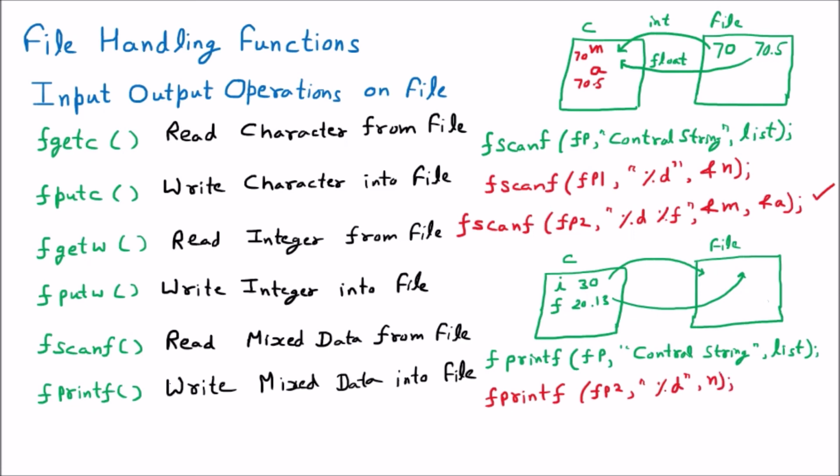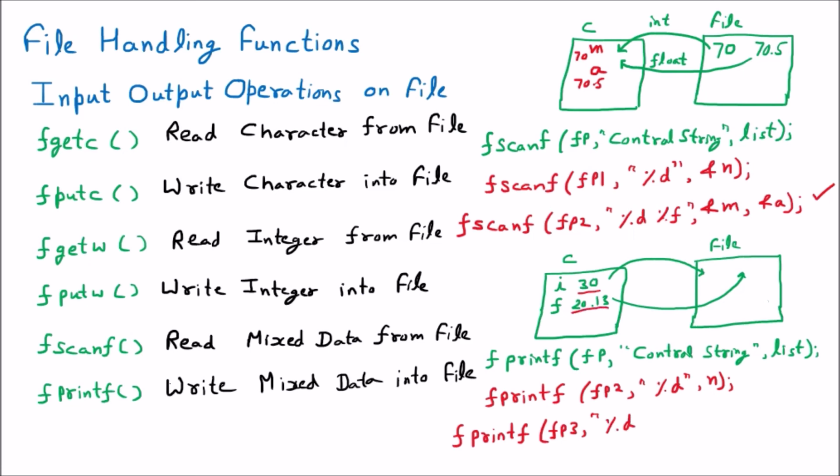But if I take the example which I opted above, where we have i and f as two variables and I want to put those values into the file, the line for that will be fprintf. Let us suppose the file pointer we have is fp3, any file pointer, depending upon which file you have opened, comma, first of all we have the integer value which is 30, so we pass %d for the integer.